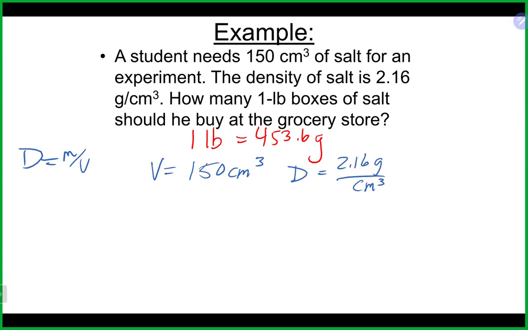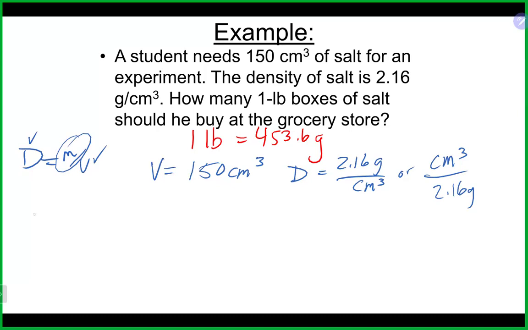Now, you can use density like a conversion factor and do some problems with dimensional analysis, which means you could, if you needed to, flip the density around and use the cubic centimeters up on top and the grams on the bottom. If you're not sure where you should start, you have density given to you, you have volume given to you. I'm just going to go out on a limb and say mass seems like a good thing to solve for in this case.